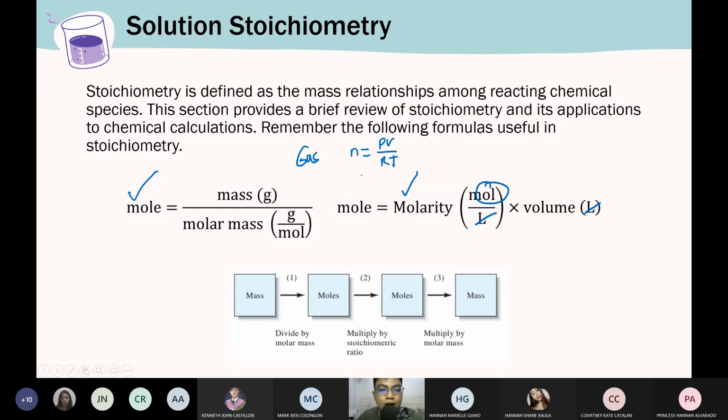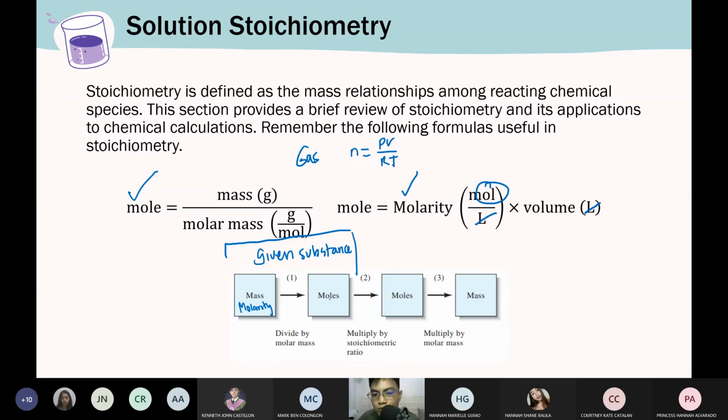And again, how do we proceed with the stoichiometric calculation? Basically, there are 3 steps. No? The first step is for you to get the mole of the given substance. Okay, so until this part, given yung substance natin. Hindi lang mass, no? Pwede na rin yung molarity. Okay? You can convert the mass or the molarity to the moles.